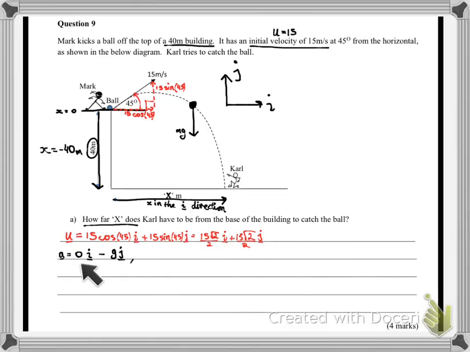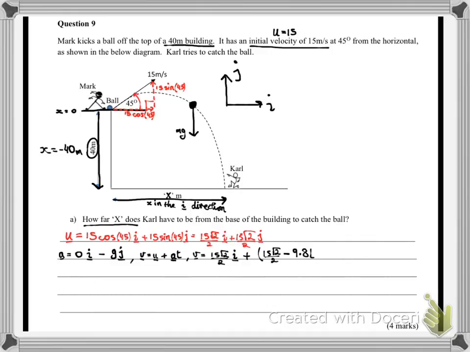Now, from the acceleration vector, we can get the velocity vector. The velocity vector is given by this. This is your SUVAT formula, v equals u plus at. Now in vector form, v is a vector, u is a vector, and a is a vector. u is given by this. There is our u vector. The a vector is given by this.